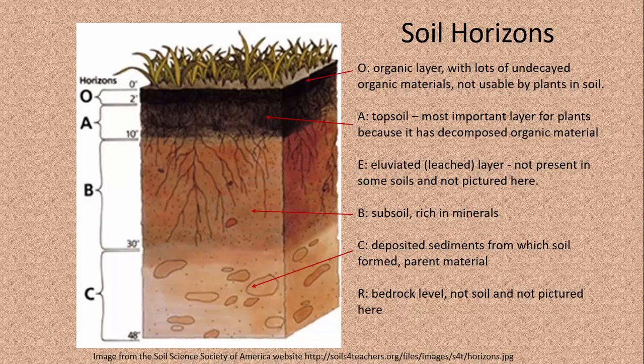So basically this is your mineral content. These are sediments that have been broken down and are small, but they don't have organic matter present in them, and they have fairly low nutrient levels. And then R is not pictured here. R is the bedrock level, and that's basically if you dig far enough down, you're going to hit rock. That is the R layer, or R horizon.